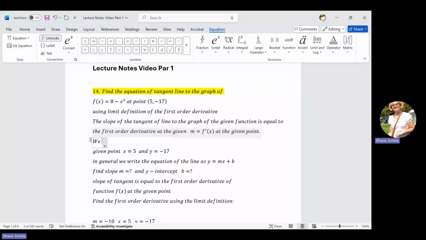We can compute the first order derivative by using the limit definition or the basic rules of differentiation.